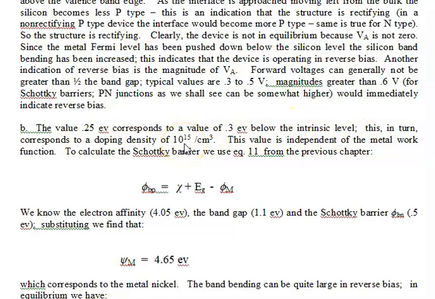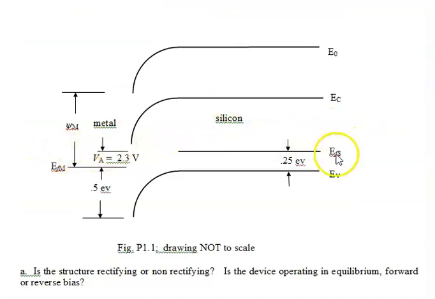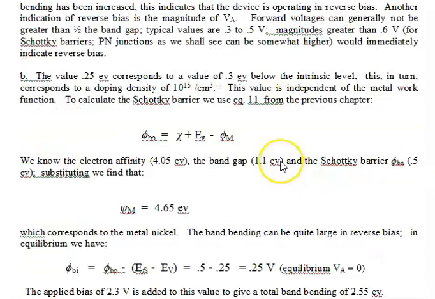If it was N-type doping, 0.3 volts above intrinsic would correspond also to a doping density of 10 to the 15th donors. Here it is 10 to the 15th per cubic centimeter acceptors. And this value is independent of everything, basically. It only depends on the interior or the quasi-neutral region, and that's what determines the doping density.